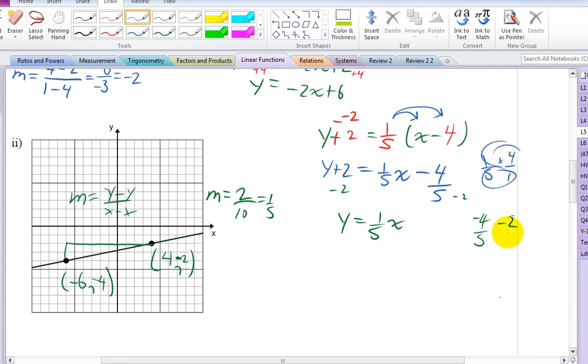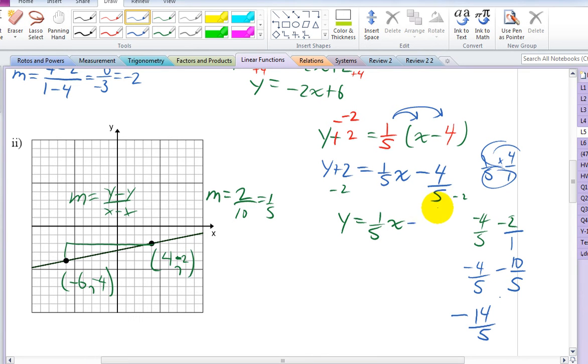So minus 2, what is -2 as a fraction? -2/1. Okay, get a common denominator. So -4/5 minus what over 5? 10/5. So now we're going to get -14/5. You subtract your tops.